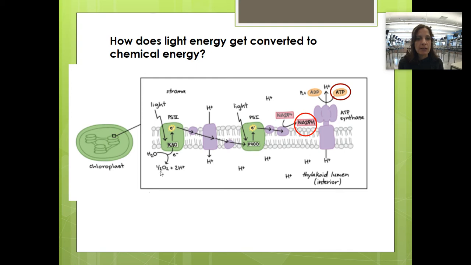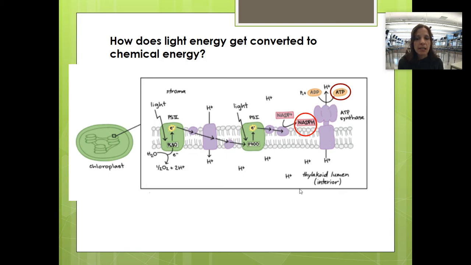And this oxygen right here is the oxygen that diffuses out of the chloroplast and then into the air eventually, and we breathe it. So this whole process forms NADPH, and then remember, when we have a high concentration of protons, they can go through ATP synthase and make ATP. And remember the word for that, where we have a high concentration of hydrogen ions that flow down their concentration gradient to make ATP, was called chemiosmosis.